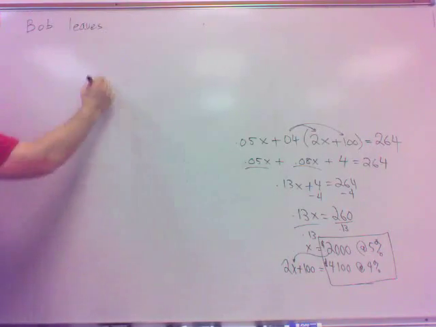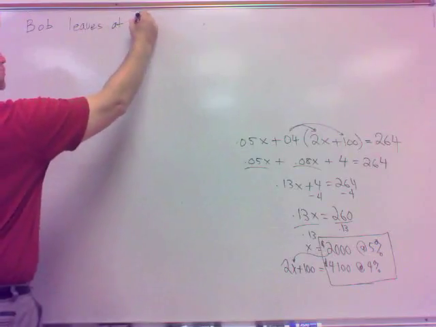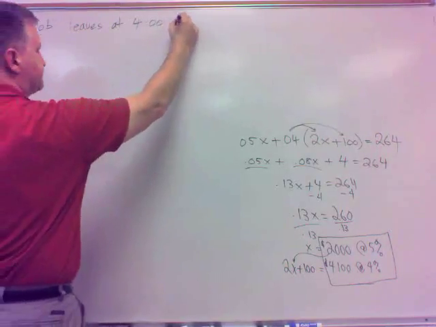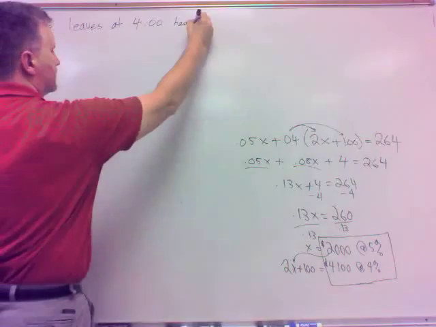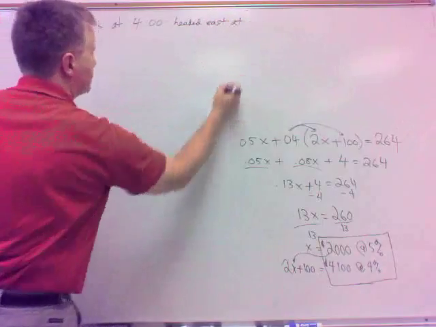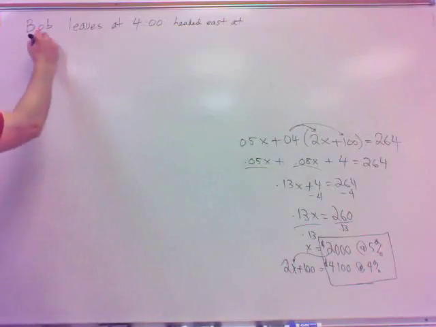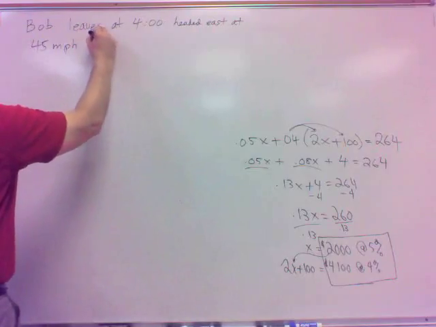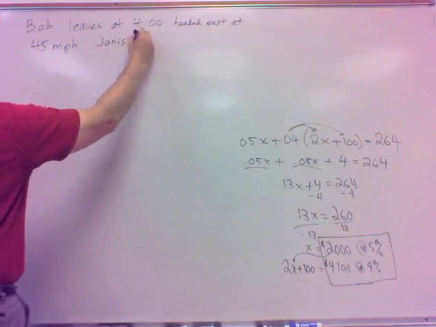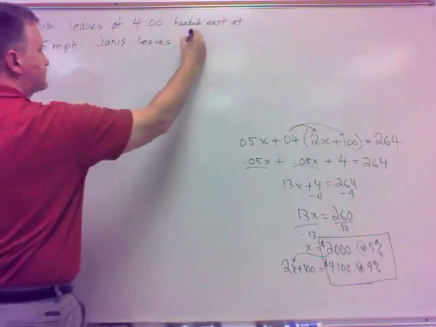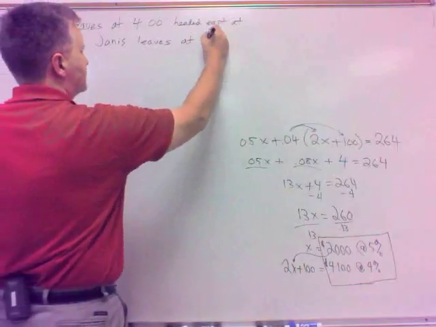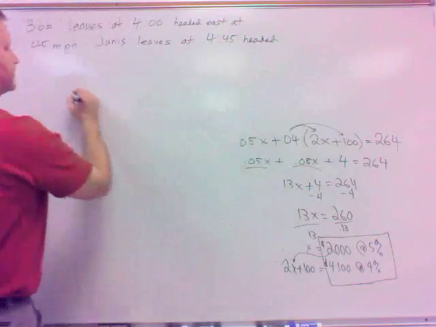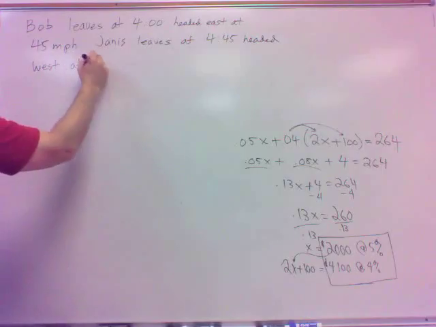Say something like Bob leaves at 4 o'clock, headed east at 45 miles per hour. Let's say Janice leaves at 4:45, headed west at 55 miles per hour.